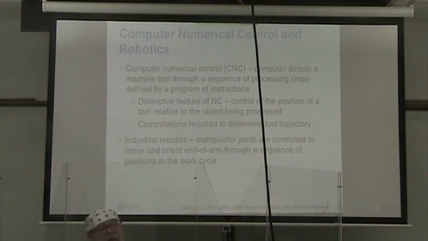Although now we also have programs that will automatically program the tool trajectory for a given object. Industrial robotics, we have robots, they have manipulator joints, and they're controlled in a way that they move and orient the end of arm where the actuators are through a sequence of positions in the work site.